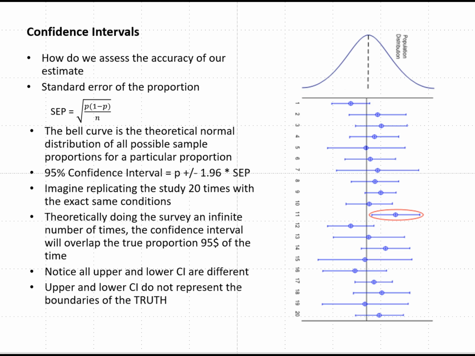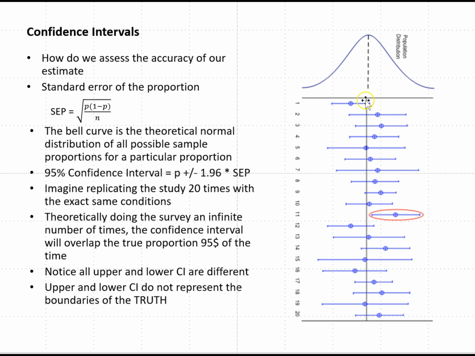Let's again visit the bell curve. That's a theoretical normal distribution of all possible samples given a particular underlying truth. This line going down here is the truth, which you cannot know. You're doing your study to estimate it, but your study is an estimate. And here's a proportion. This is the 95th percentile, and it has a width to it.